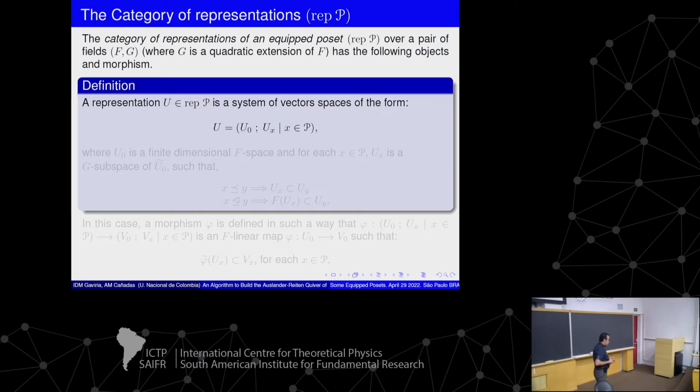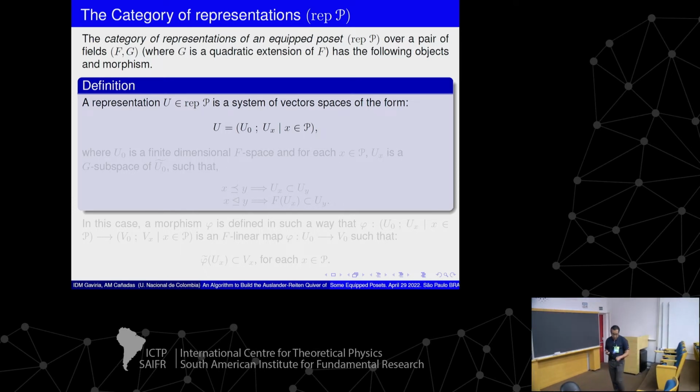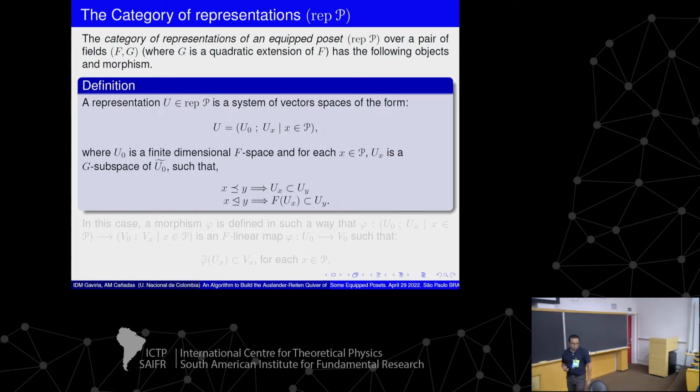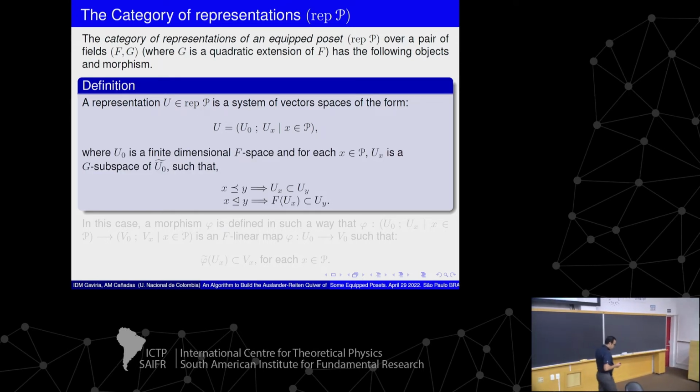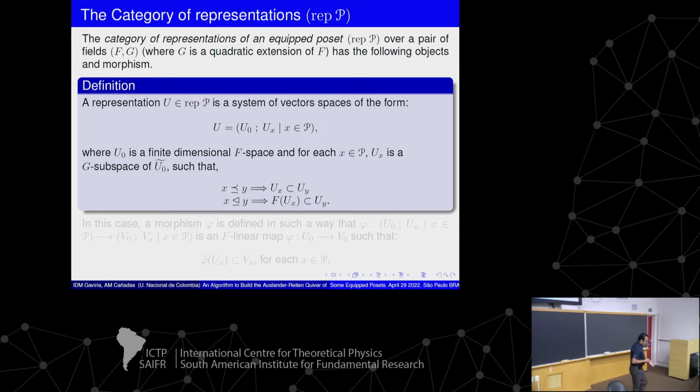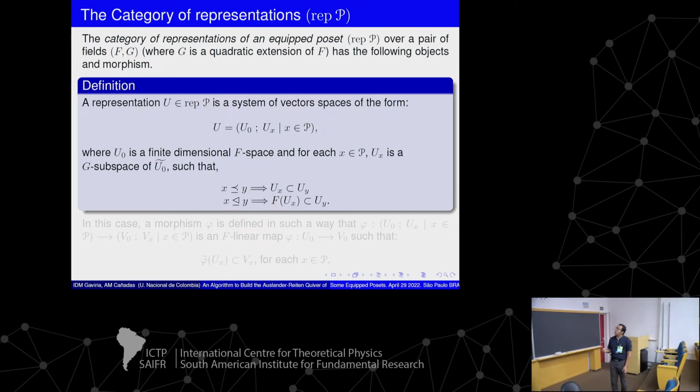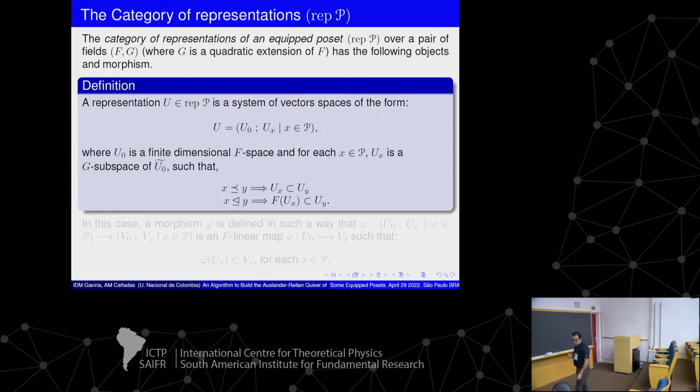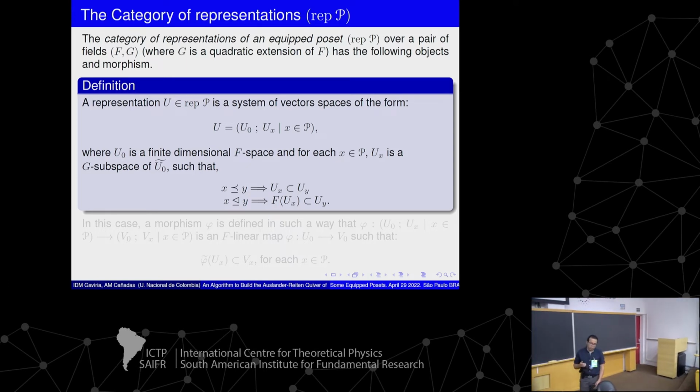If you have an equiposet, with the pair of fields F and G, you can define a representation of the poset. A representation of this equiposet is a system of vector spaces in this form. Here, U sub 0 is an F finite dimensional vector space. And for each point x in the poset, you have U sub x, which is a G subspace of the complexification of U sub 0.